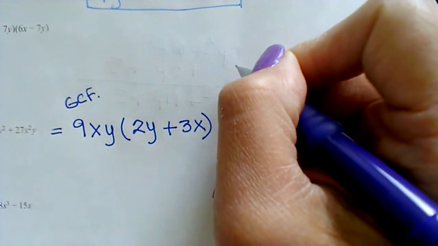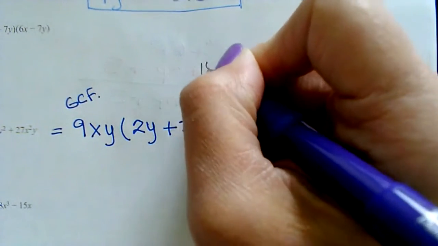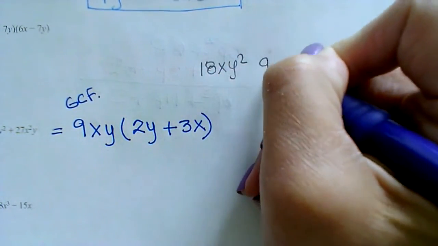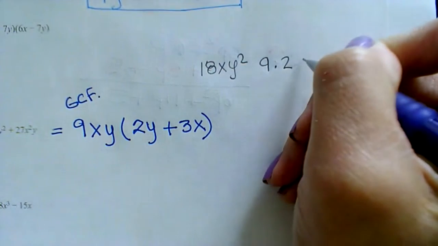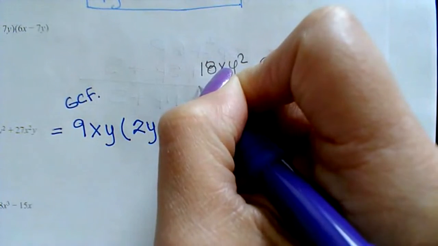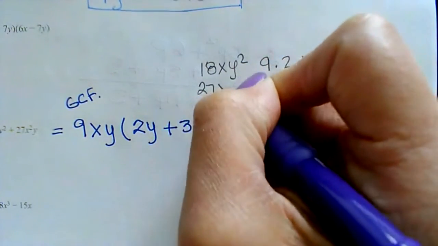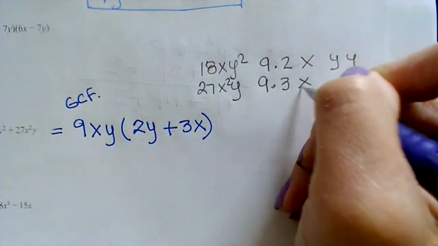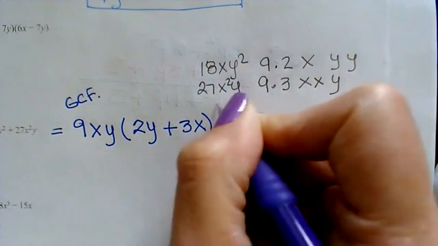Like we said, the first term, we have a 9 and a 2. We have 1x and 2 y's. With the next one, we have 9 times 3. We have 2x and just 1 y.